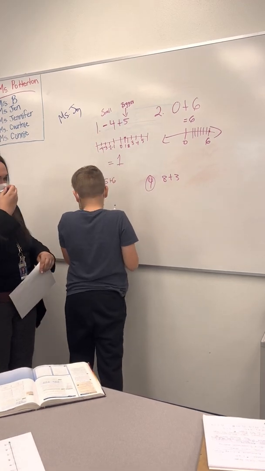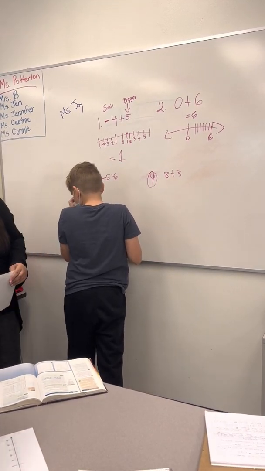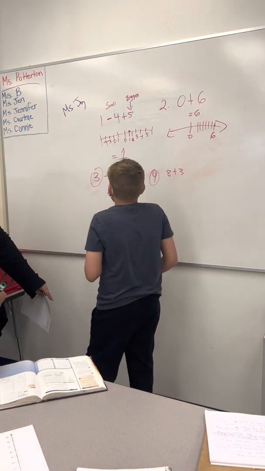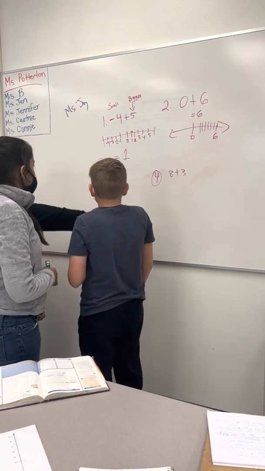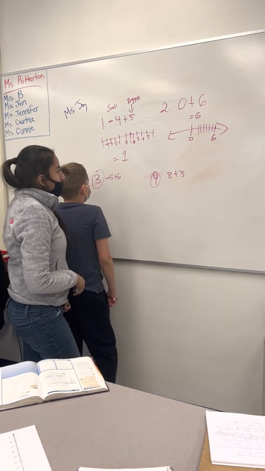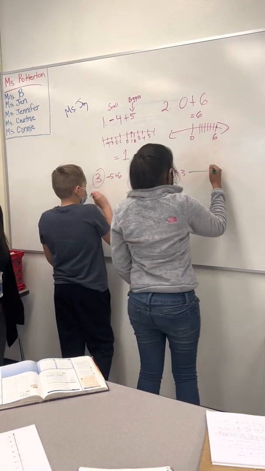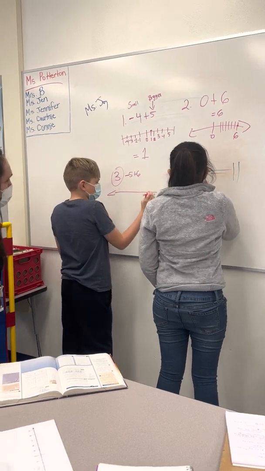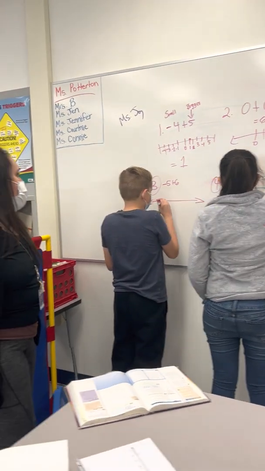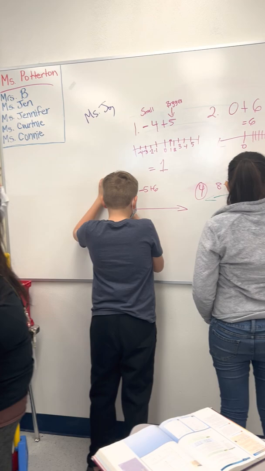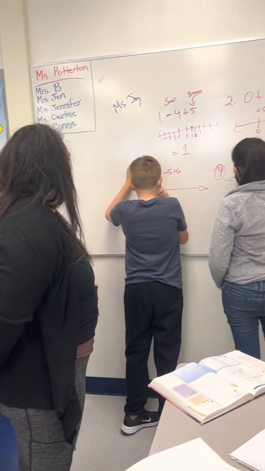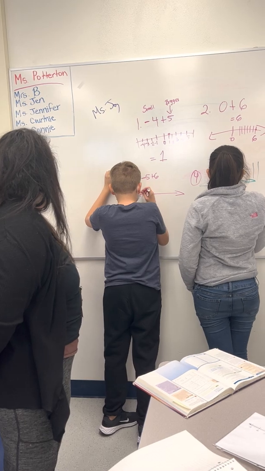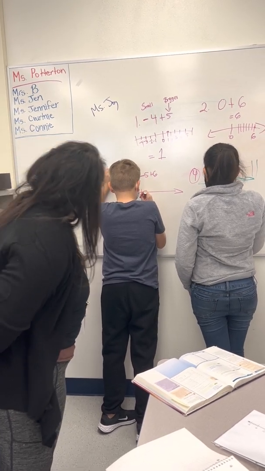Say what your steps are as you do them. What are your steps? What do you gotta do first? So it's a negative 5 plus 6. Solve the problem first, right? Yeah. And then you do what? Make sure, look.